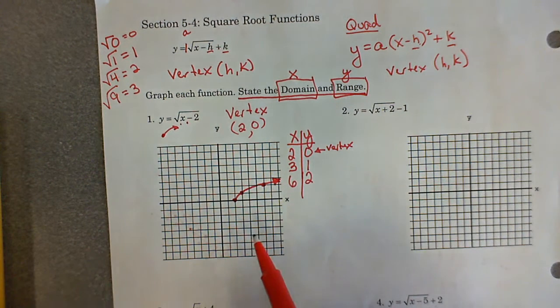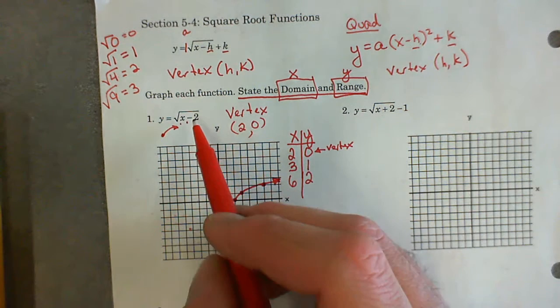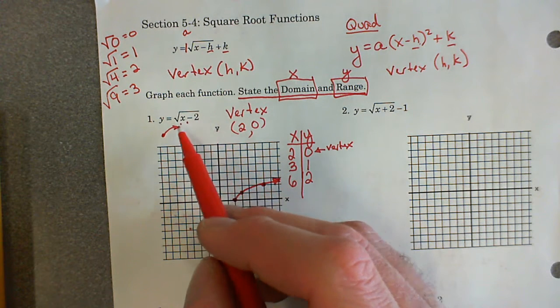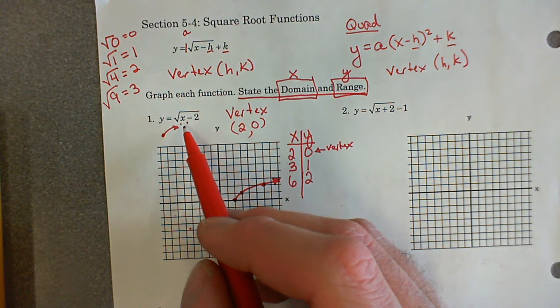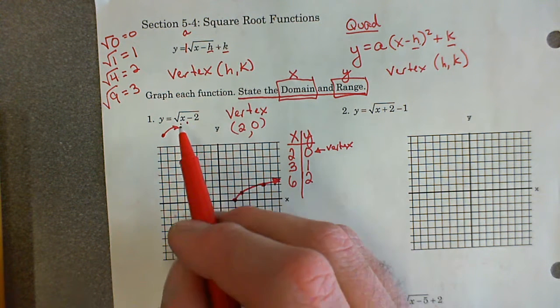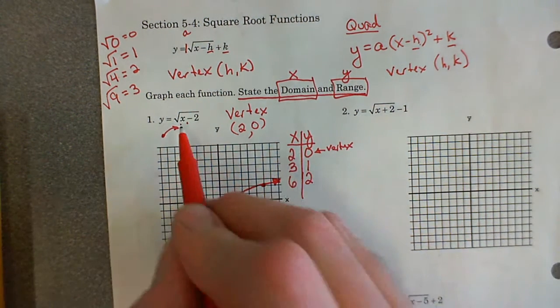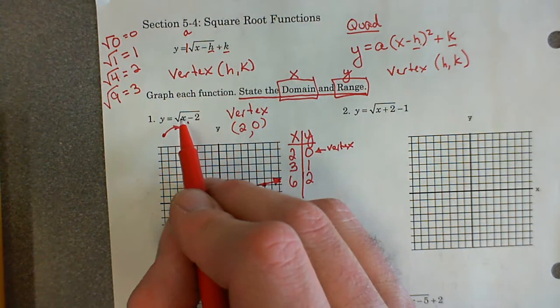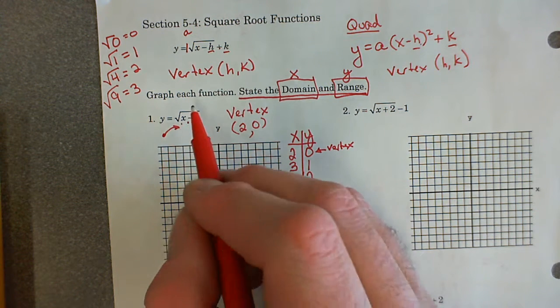Okay? So, as we look at this graph here, we know the value underneath this square root needs to be positive, because what would happen if we went smaller than x equals 2? If we plugged in a 1 for x, this would be 1 minus 2, which is the square root of negative 1.